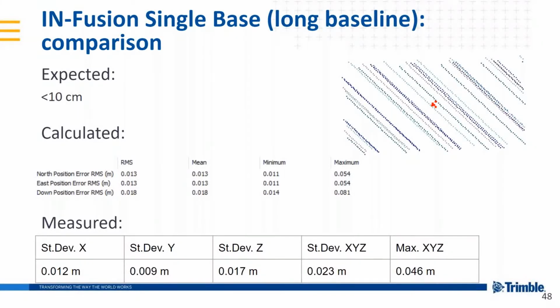You can see it is almost the same as we got from our measured standard deviation. For X and Y it is about 1 centimeter, and Z 1.7 centimeters. Generally, the standard deviation is 2.3 centimeters and maximum 4.6 centimeters.